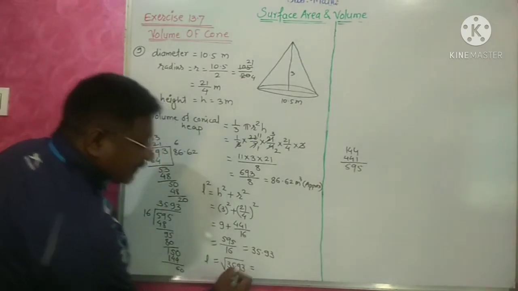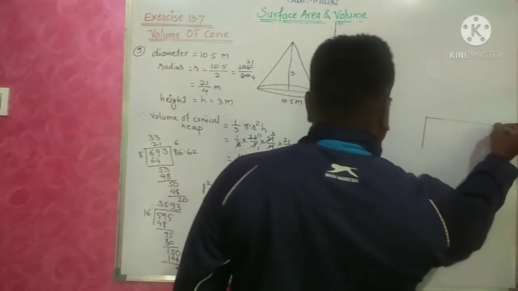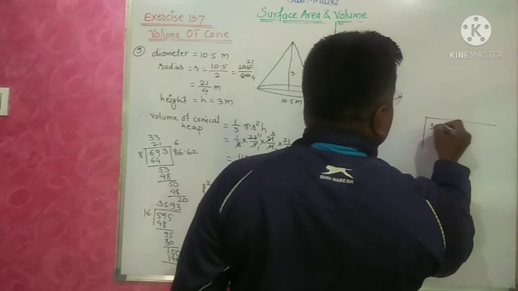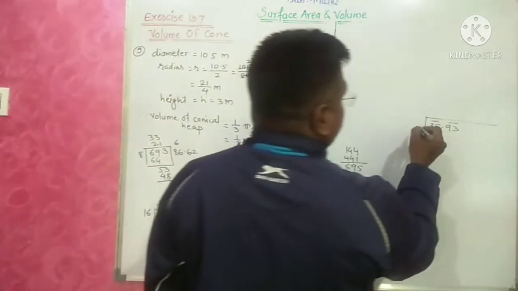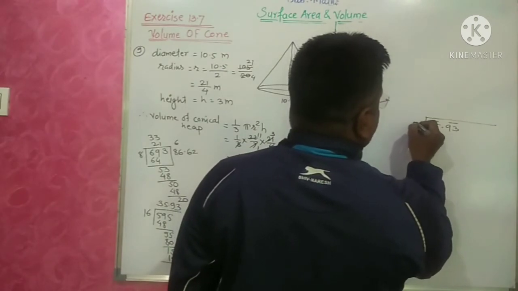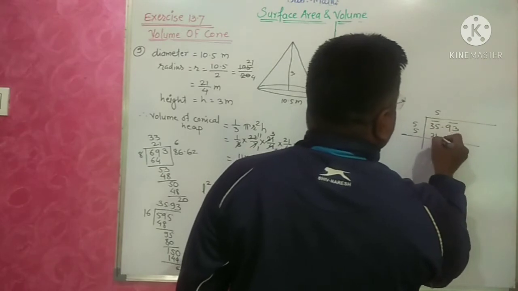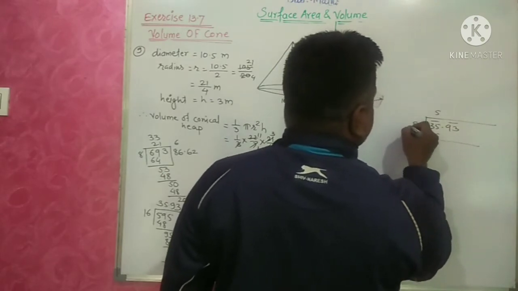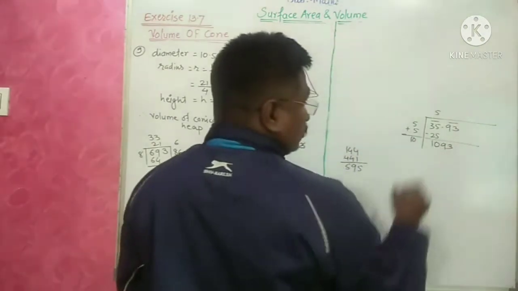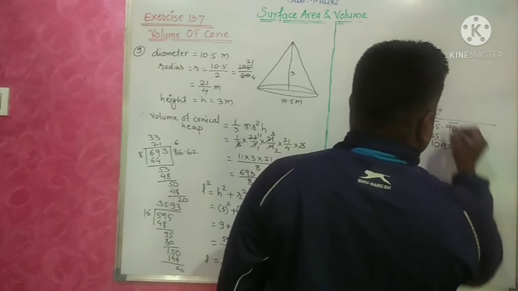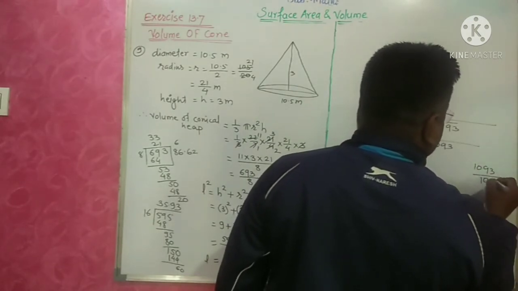So find the square root of this. How to find the square root? You know the division method. So it is 35.93. Make the groups. 5 5s are 25. So what will we get here? 10. Then 93. Which number do we have to take here? Decimal point, 1093. We have to find this number.